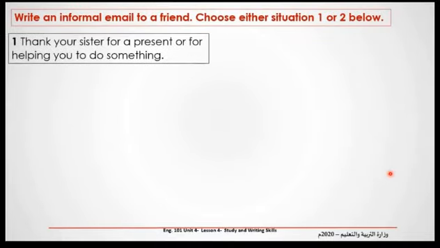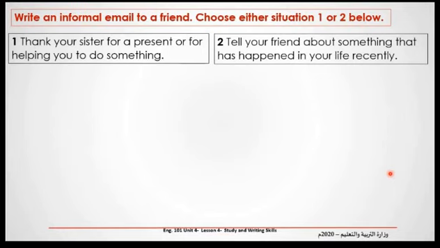Okay, let's look at 2 informal situations that you can write emails about. Situation number 1: thank your sister for a present or for helping you to do something. Situation 2: tell your friend about something that has happened in your life recently.